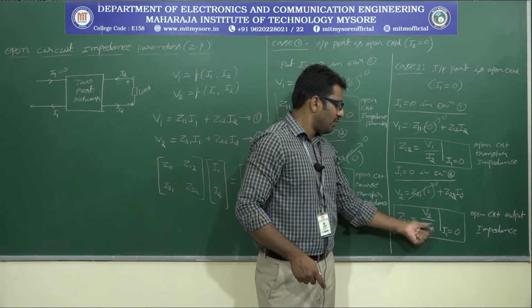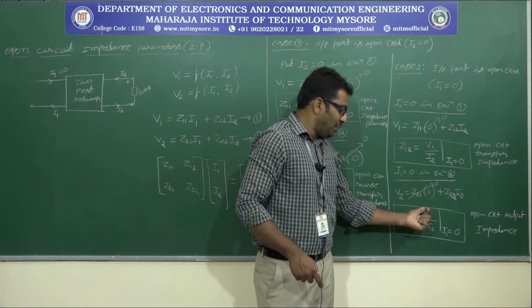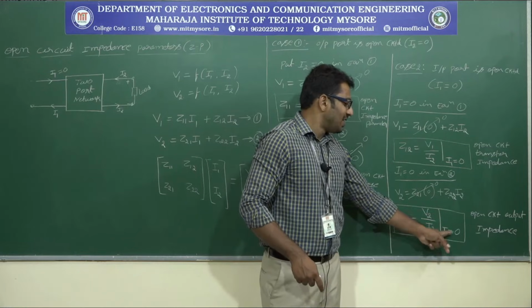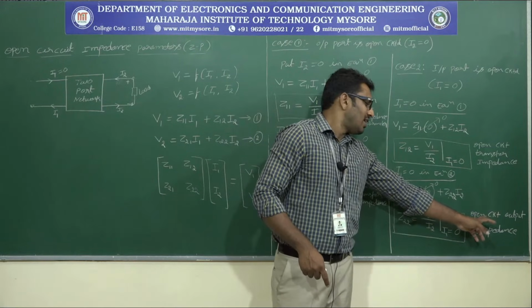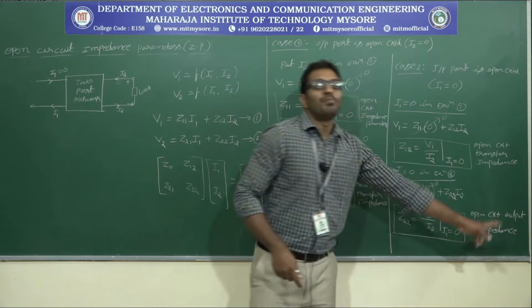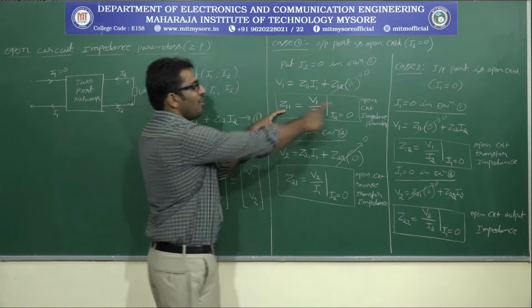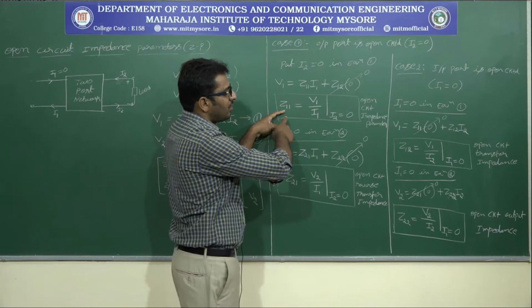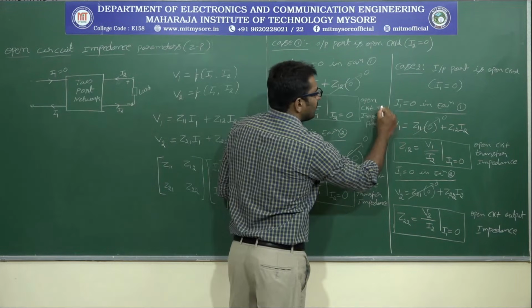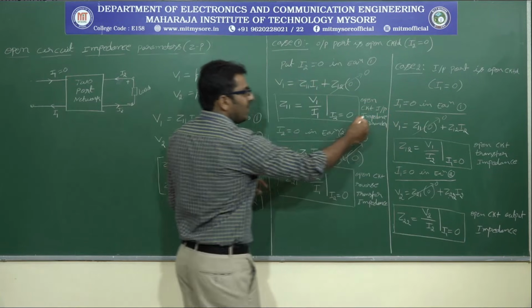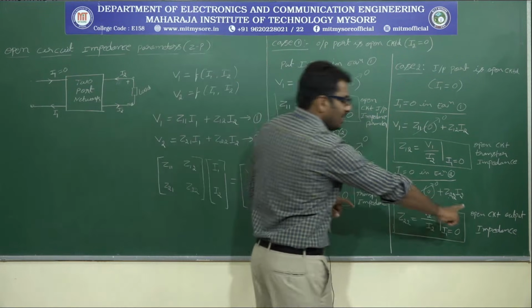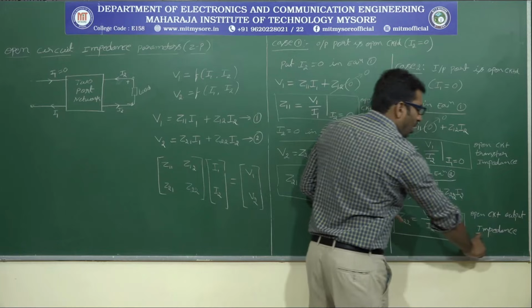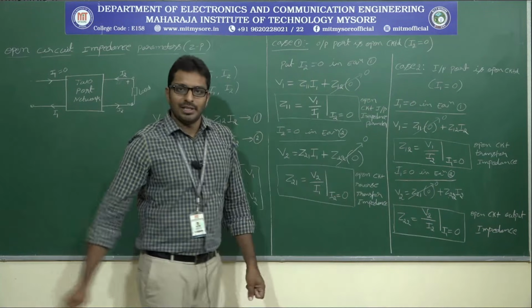Z22 is equal to V2 by I2 at I1 is equal to 0, called open circuit output impedance. Z11 is open circuit input impedance parameter. This one is open circuit output impedance parameter.